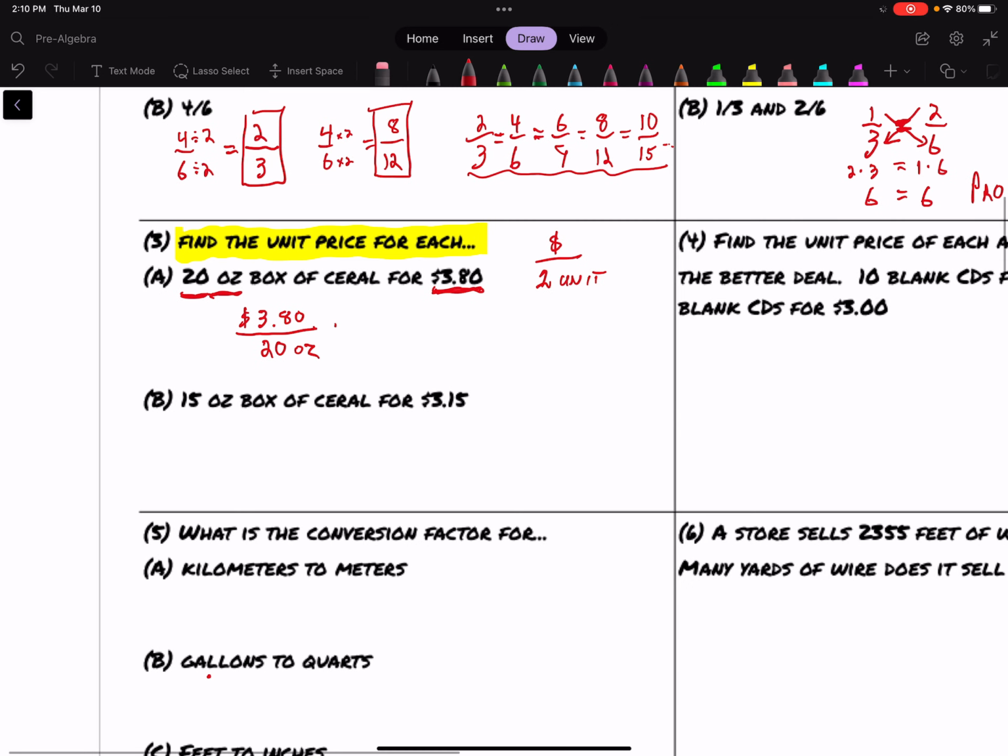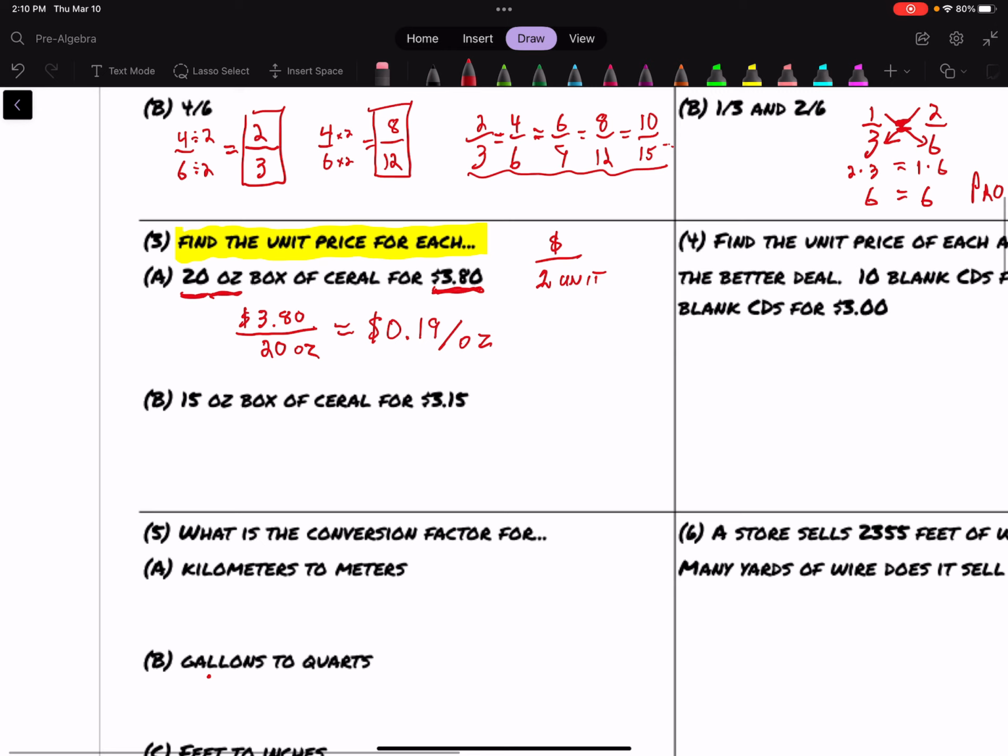When you just divide that out, you're going to get the cost. 380 divided by 20 is equal to 19 cents per ounce.